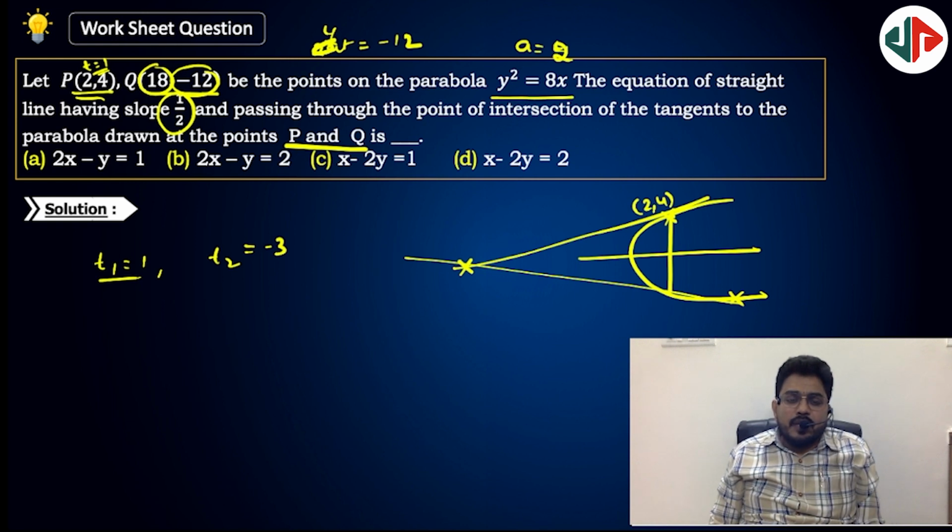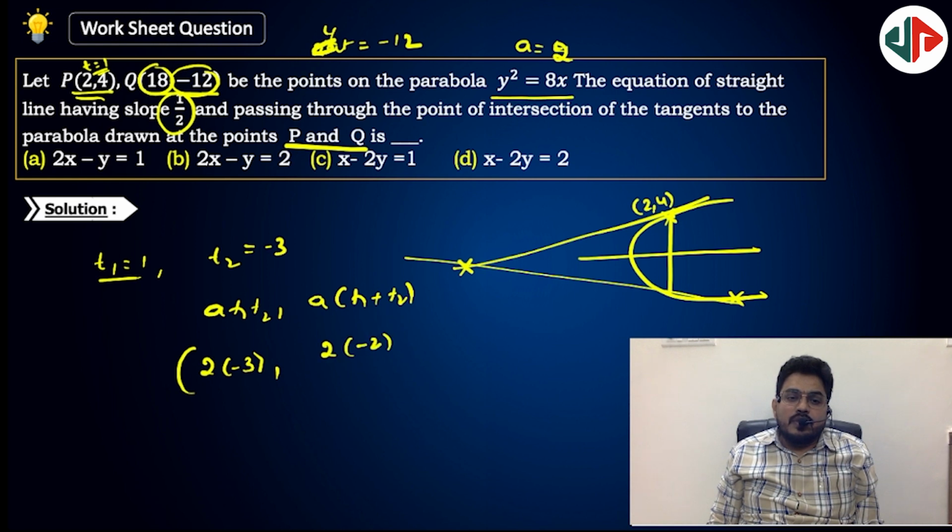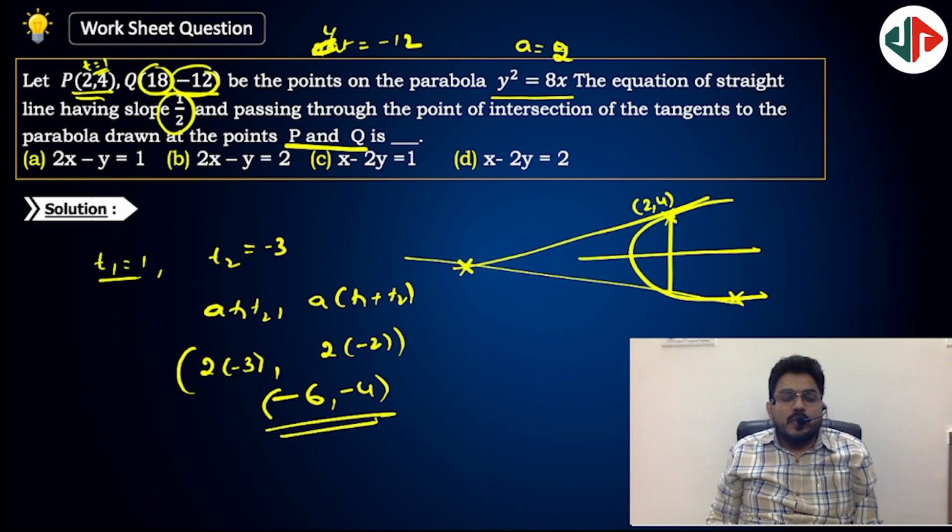So what is this point? (a t1 t2, a(t1 plus t2)). So a is equal to 2, t1 t2 is minus 3, a is 2, into minus 2. So the point is (-6, -4). Passing through this, the slope is 1 by 2.